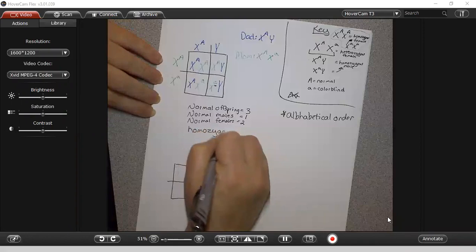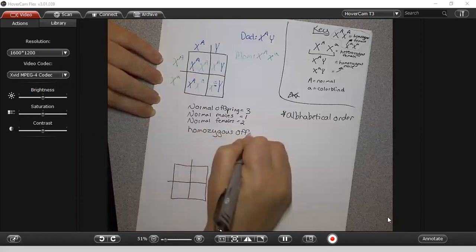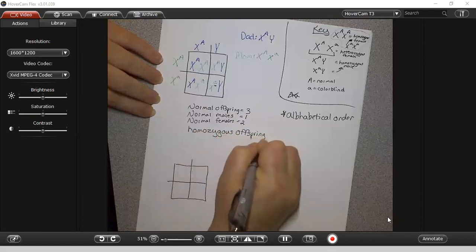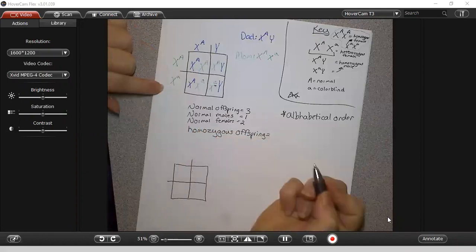Homozygous offspring. How many offspring do we have that are homozygous? There's only 1 allele present in their genetic code.